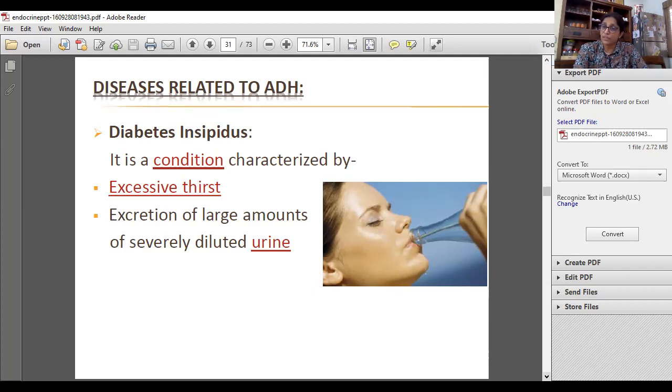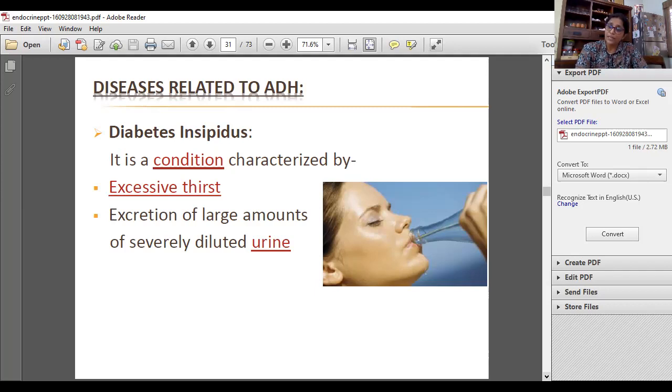The patient will have excessive thirst, but not excessive hunger, which is seen in diabetes mellitus patients. And the mellitus urine has a higher concentration of sugar if it crosses the renal threshold. That is, if the blood sugar rises beyond 180 milligrams per deciliter of blood, it will be present in the urine. So these two diabetes are different.